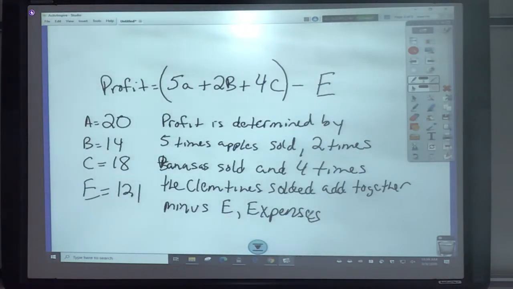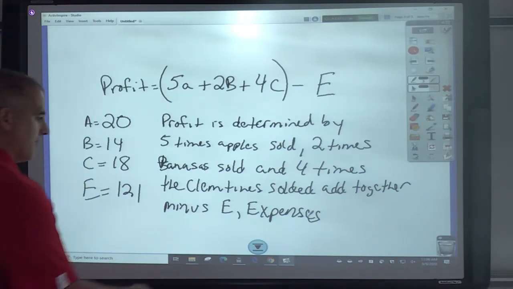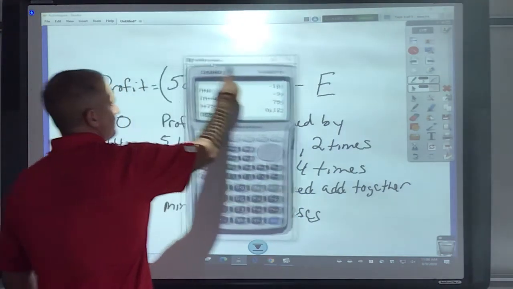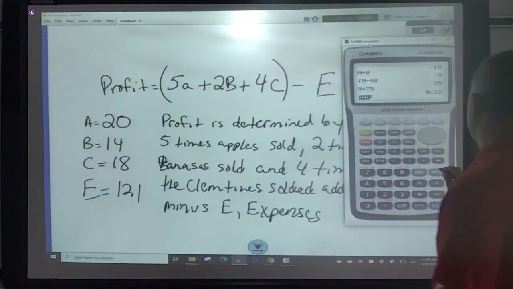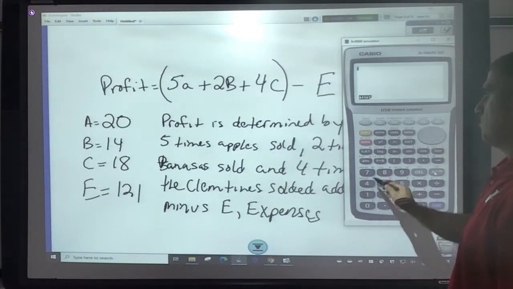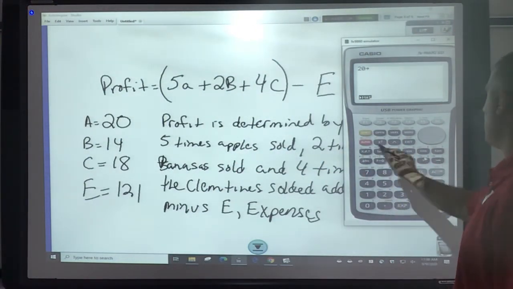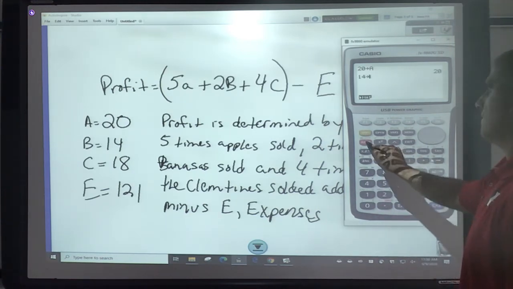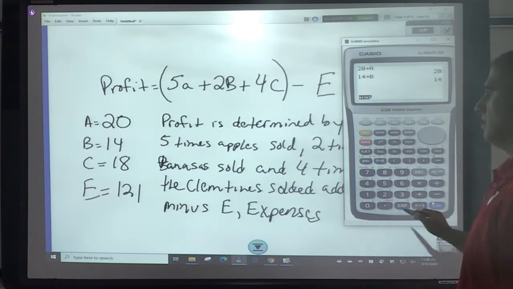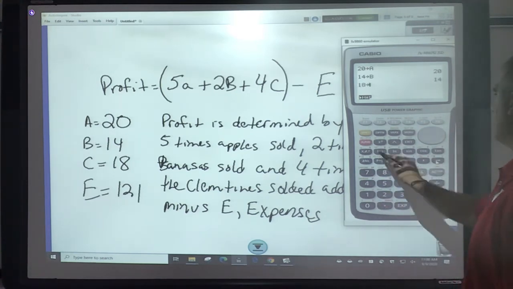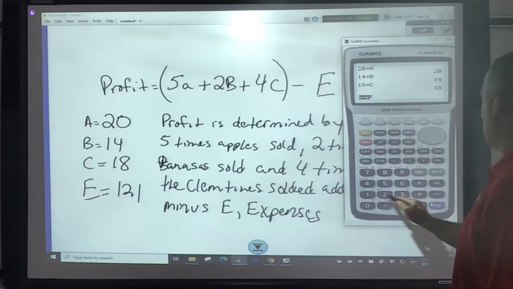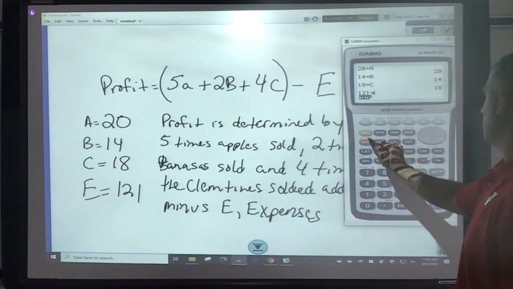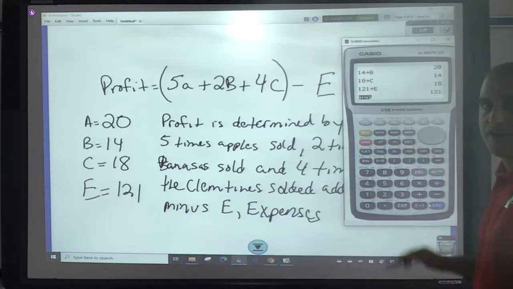So what you have to be able to do is substitute these values, very simply. So I would put 20 in for A, I put 14 in for B, I put 18 in for C, and I put 121 in for E. All those using the alpha key.